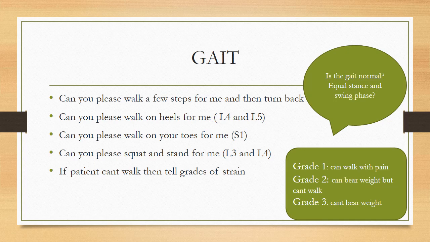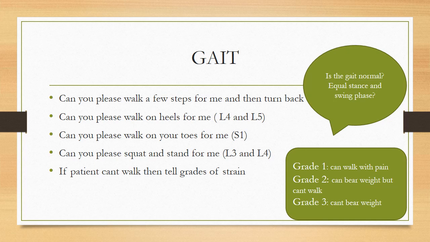At that time, you're checking for L4 and L5. Then you ask the patient to walk on their toes so that you can check for S1. Then you ask the patient to squat and then stand, and then you check for L3 and L4. So once you have checked the gait, you have checked the gross mobility of the patient.